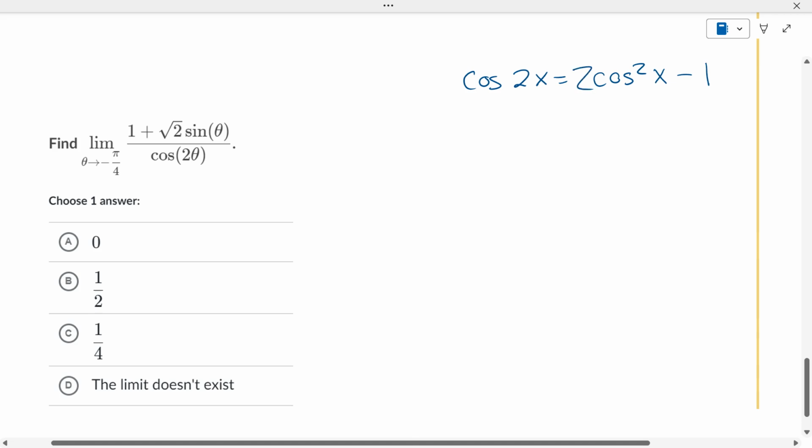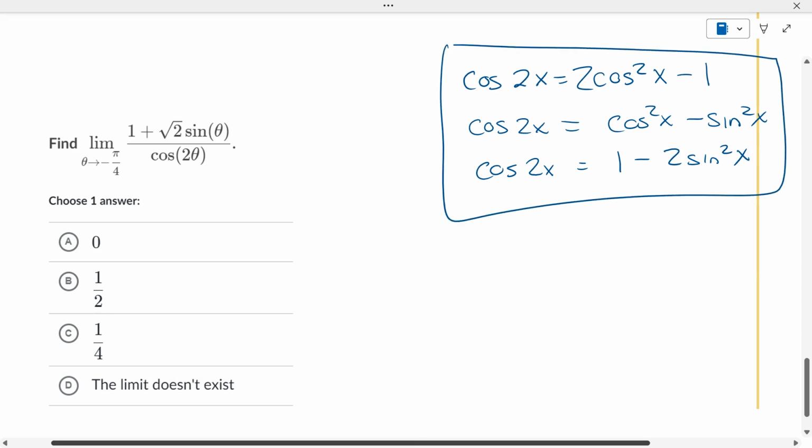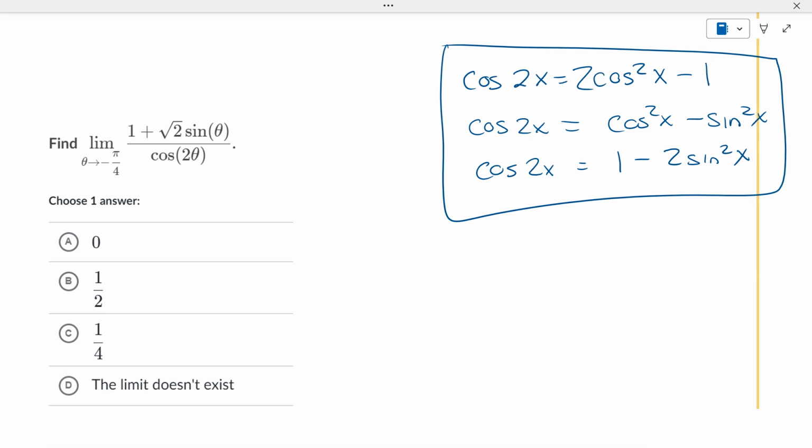That's what it is. It also equals cosine squared of x minus sine squared of x. And it also equals 1 minus 2 sine squared of x. Those are the three trig identities for the cosine of 2x. Probably want to write those down, so those are handy somewhere.